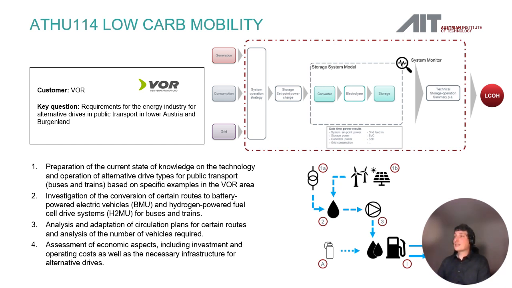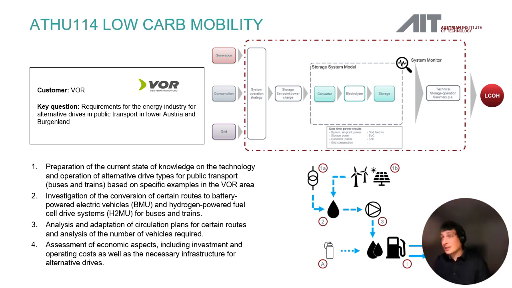For example, okay, how do we produce this hydrogen, or how do we get the hydrogen? More or less the same thing as for the ships again. Either you take it from the grid, or you take it from the renewables, or maybe you buy it from somewhere else, right? And then get it to your fueling station for the buses.